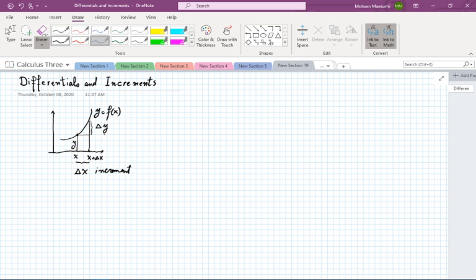Of course, the slope is approximated by delta y over delta x, and when delta x is set to go to 0, that becomes your derivative. So what is delta y? The increment of y, it's f of x at the ending point minus f of x at the starting point. That would be the y increment.